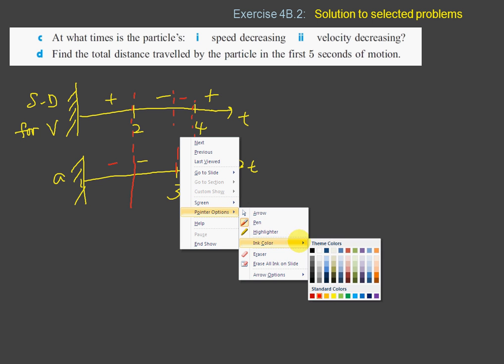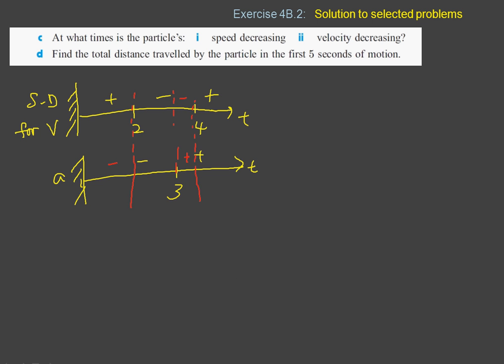So now you have located it. Change it back to yellow. Okay, so the speed decreases when time is between 0 and 2, because the sign diagram of velocity is positive, and the sign diagram for the acceleration here is negative.